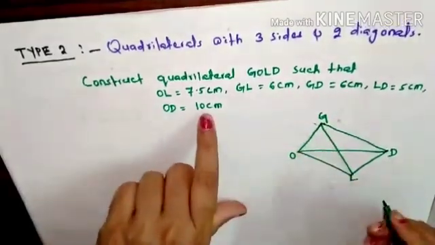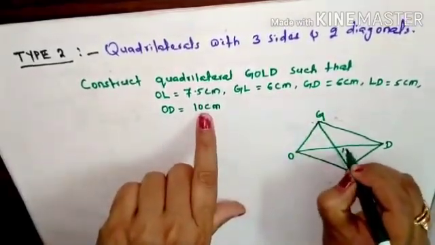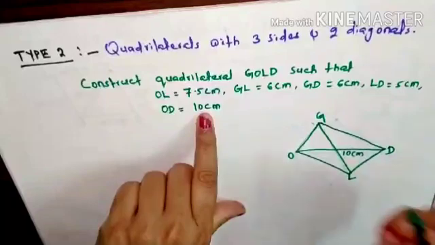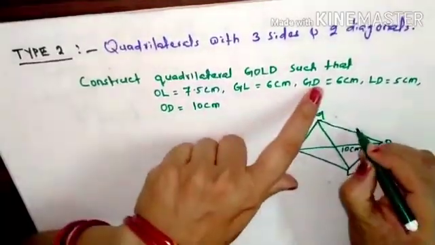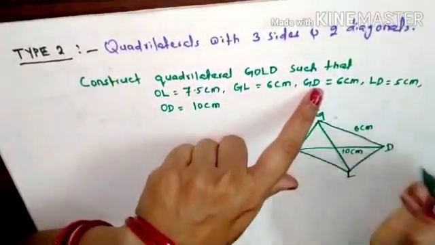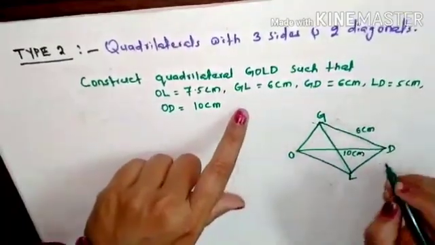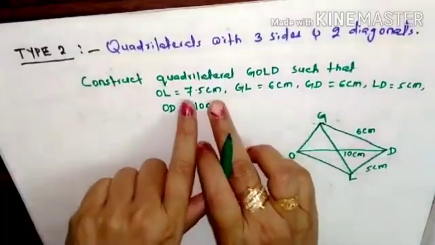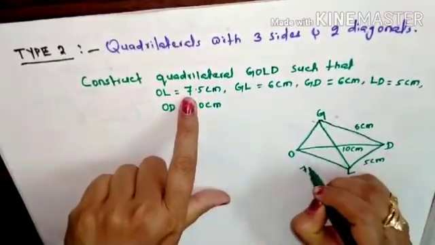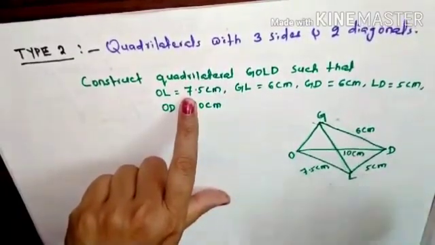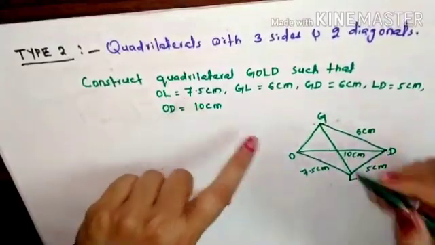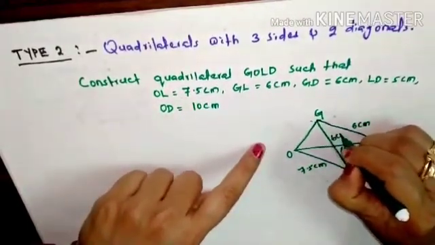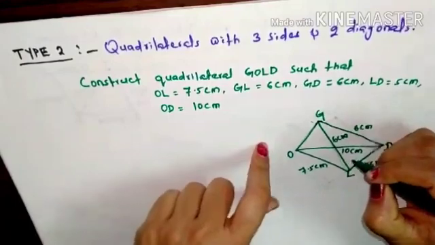So look here, OD is your 10 cm, GD is your 6 cm, LD is your 5 cm, OL is your 7.5 cm, GL is your 6 cm.